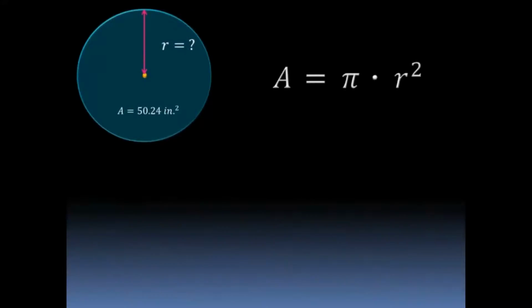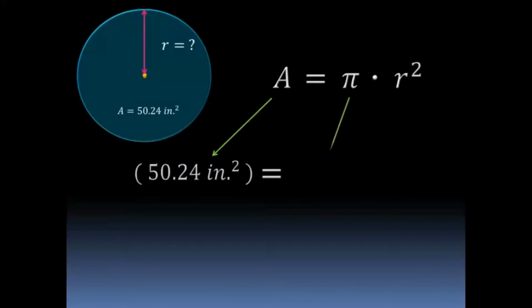Beginning our calculation, we replace A with the value in the problem, 50.24 square inches, is equal to, and we replace pi again with the value 3.14 times our radius squared.